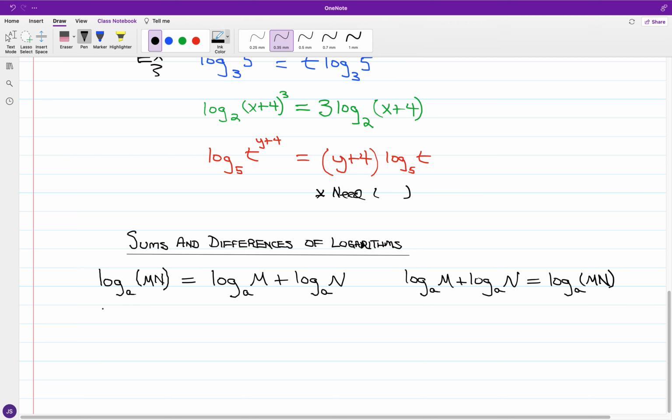Now, the differences. In the case of expanding, we start out with a singular base a logarithmic term with the operation of division, m divided by n. In the expanded mode, this translates to the base a logarithm of m minus the base a logarithm of n.